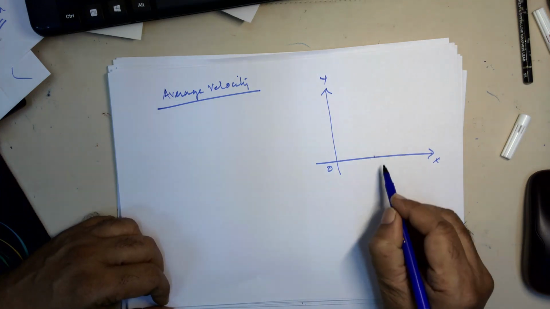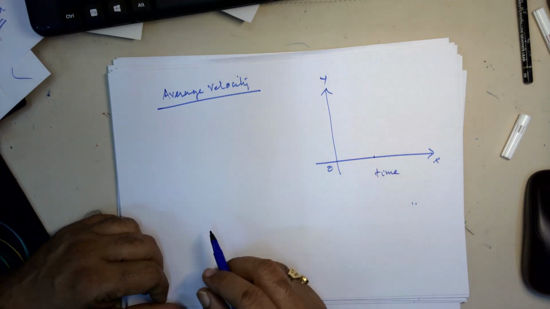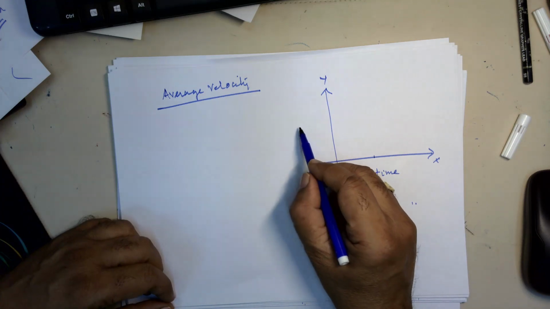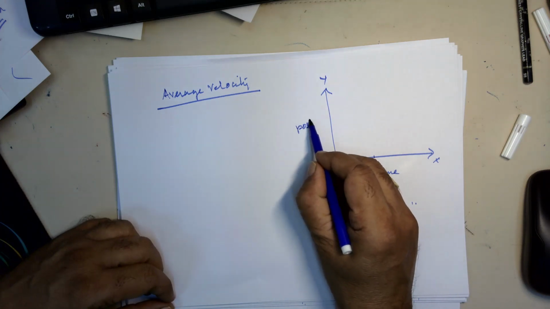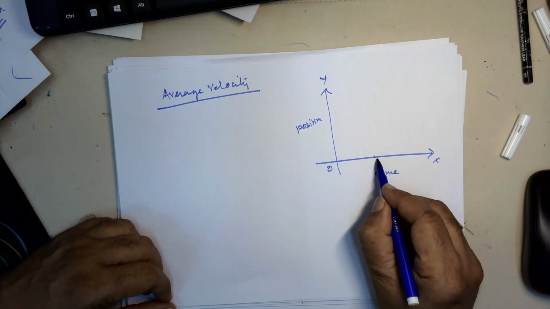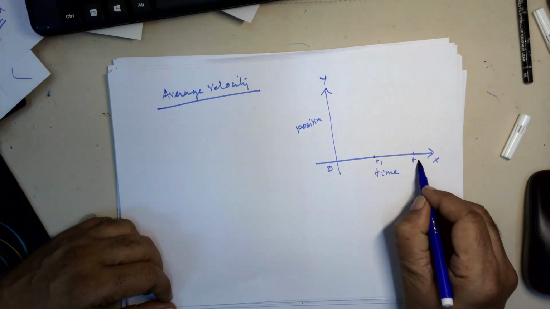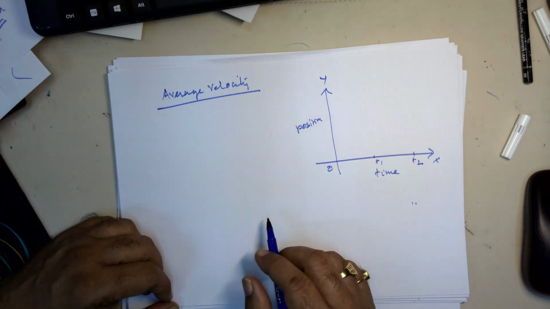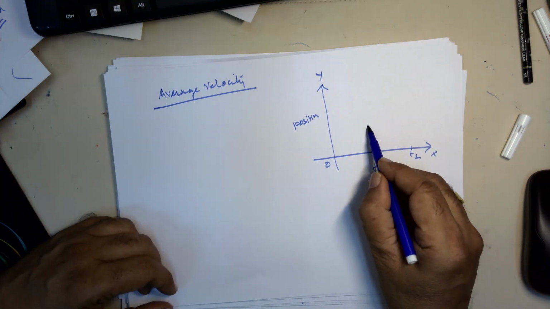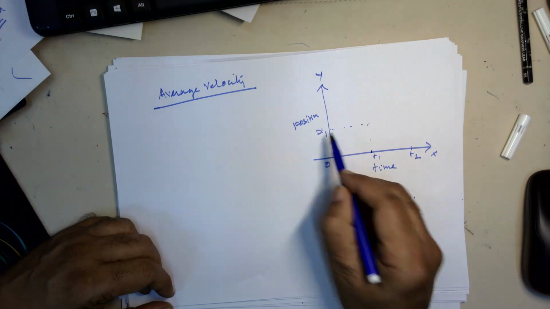Let me say the x-axis is time, and the y-axis is the position. Let me consider 2 times here, t1 and t2. At t1, the position of an object is at x1.